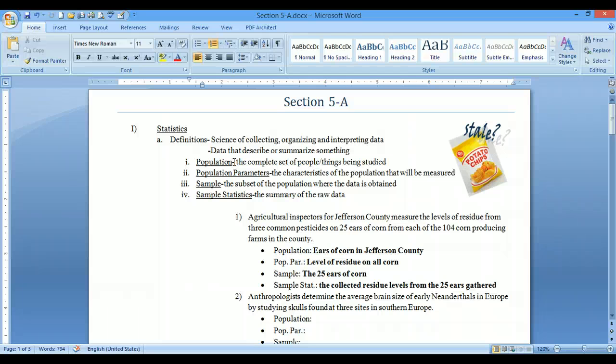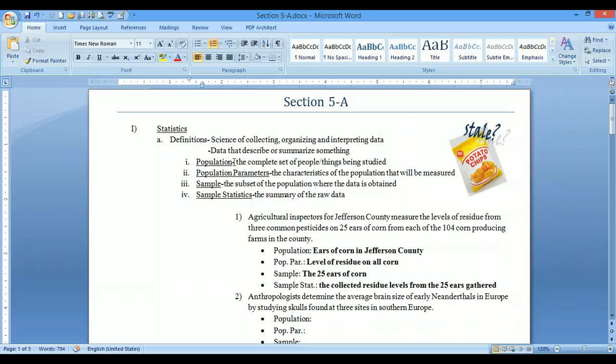The sample is the subset of the population, so I would probably take maybe 3 chips out and test if they are stale or not. The sample statistic would be if they are stale or if they aren't. So if I sample the 3 chips and they're stale, my sample statistic is that all 3 chips are stale.